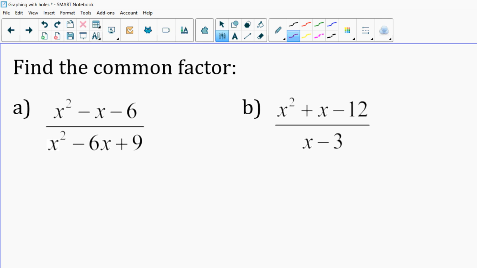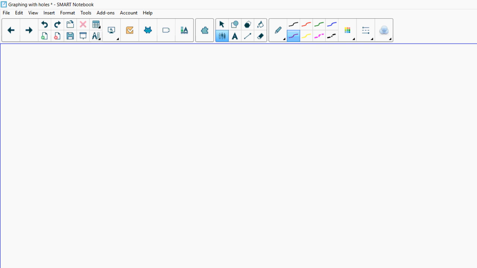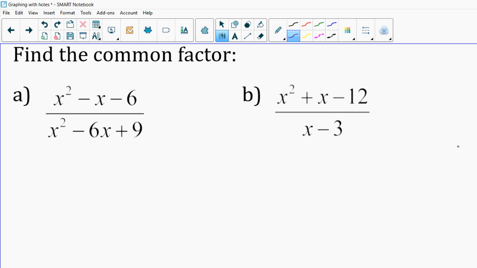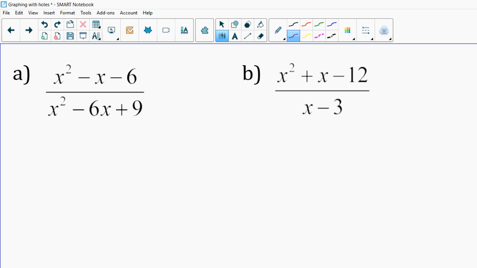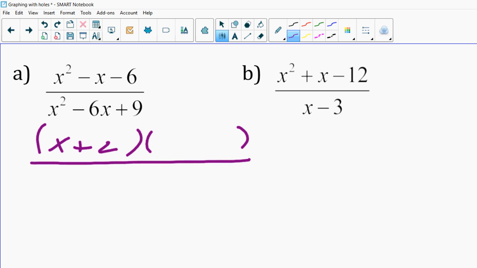How will that numerator factor? Okay, x plus 2 times x minus 3. And then, how will the bottom factor? X minus 3 times x minus 3.